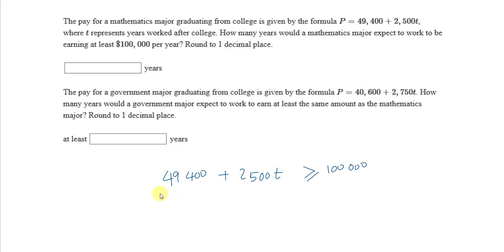Now I go ahead and I subtract 49,400 on both sides because I'm trying to solve for T. So that is gone. 100,000 minus 49,400 on the right side. That should give me $50,600, and then again 2500T.